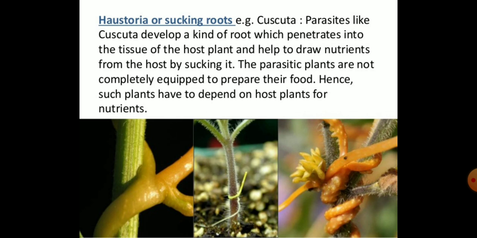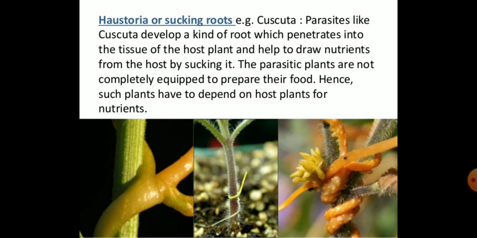So Cuscuta is a total parasite as it depends upon the host for water, minerals and for organic food. It is a stem parasite as it sends the haustoria into the stem branches of the host.